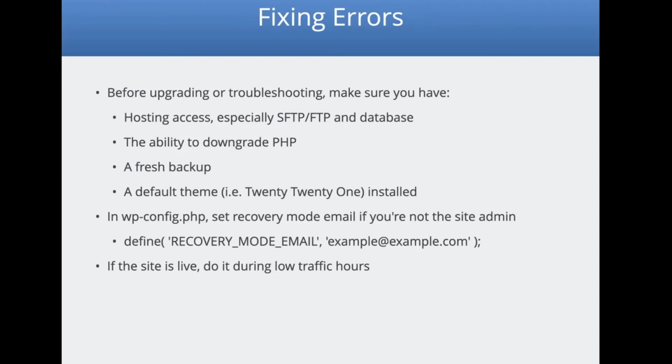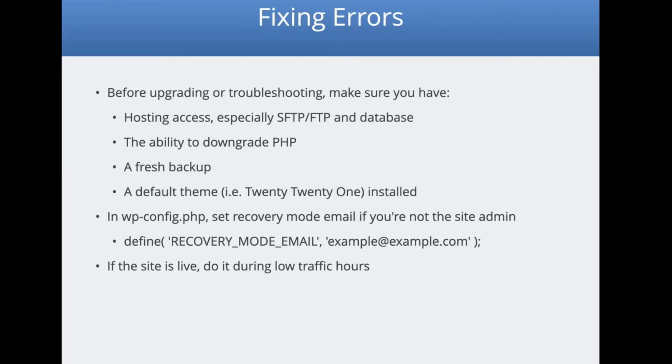I mentioned you want to be able to downgrade PHP, and then a fresh backup. So far, I haven't seen an issue where changing PHP back, like downgrading PHP, has broken the site, and I've needed to restore a backup. That hasn't happened, but it's still a good idea to keep a fresh backup. And then the theme.